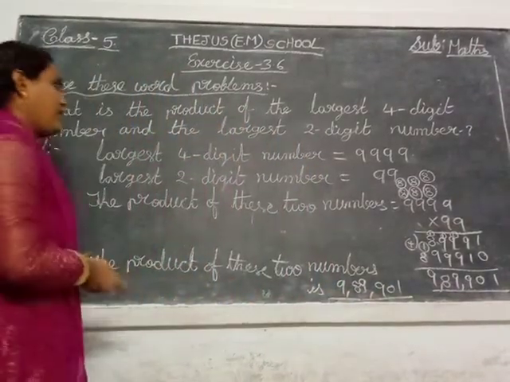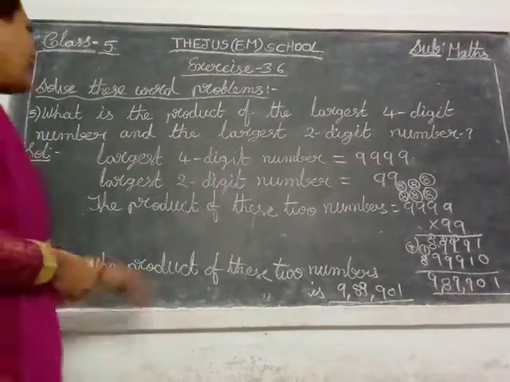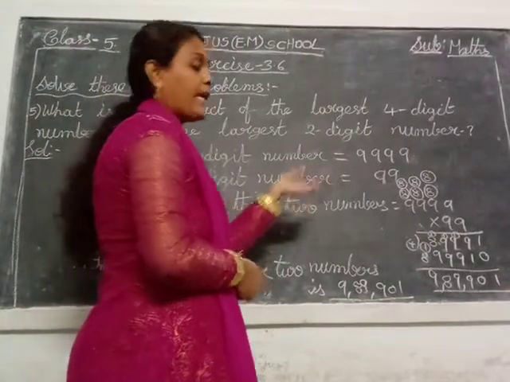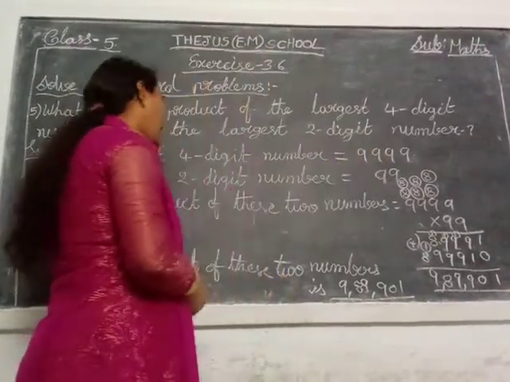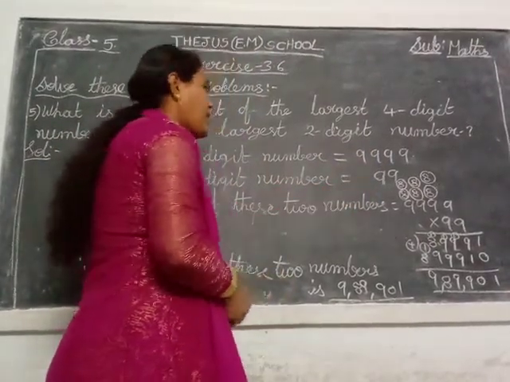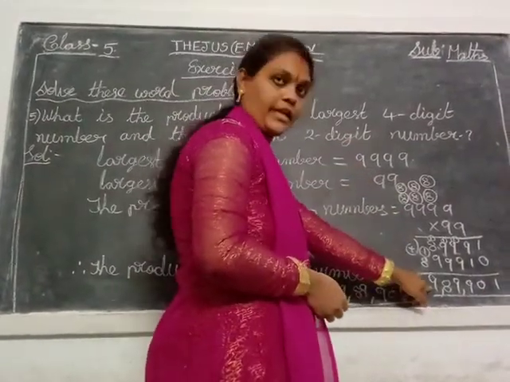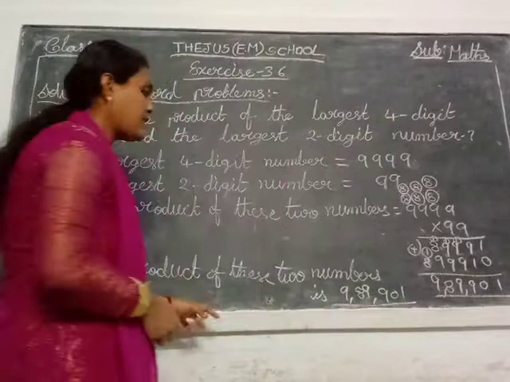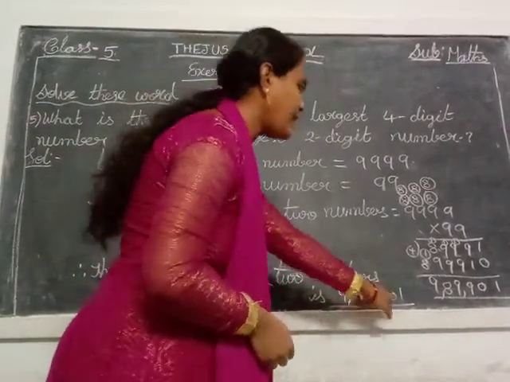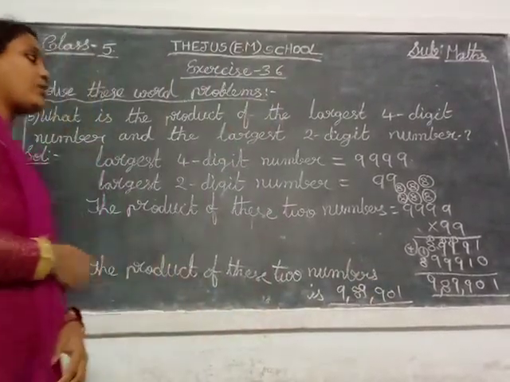Okay, children? So first to identify the largest 4-digit number, what is it? 9,999. The largest 2-digit number is 99. So you do the multiplication between these two numbers, and the answer is the product. So the product of these two numbers is 9,89,901. Okay, children, note this sum in your notebooks.